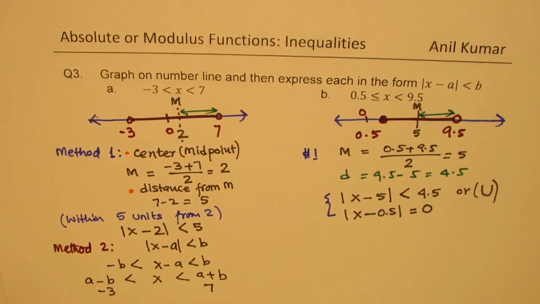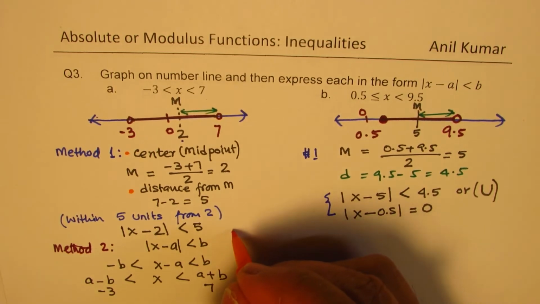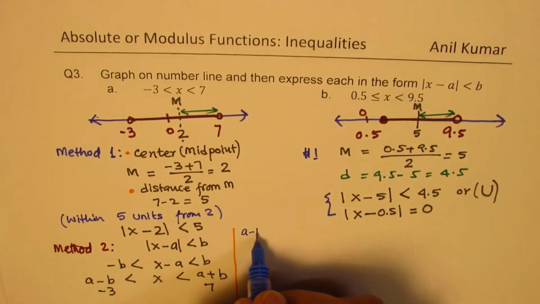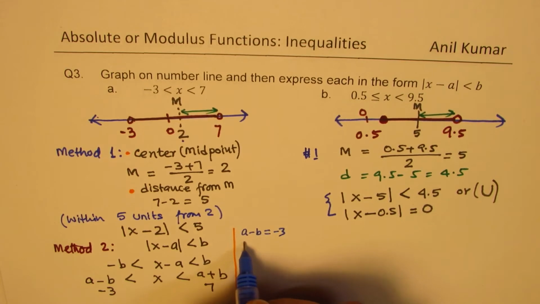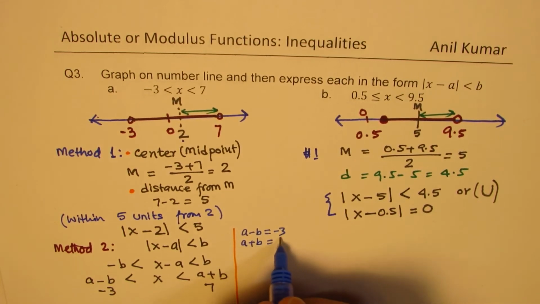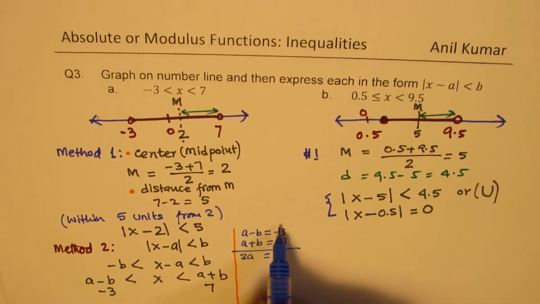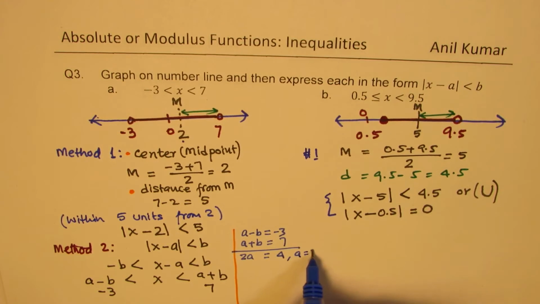So basically, form an equation and then do the needful. So we have a minus b is equal to minus 3, and a plus b is equal to 7. When you add them, you get 2a equals 4, and that gives you a equals 2. Is that clear to you?